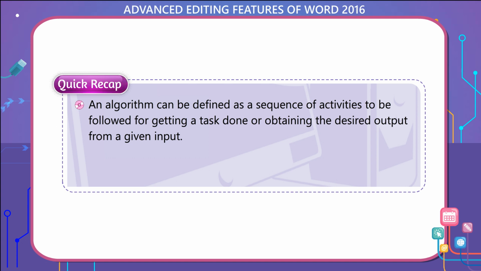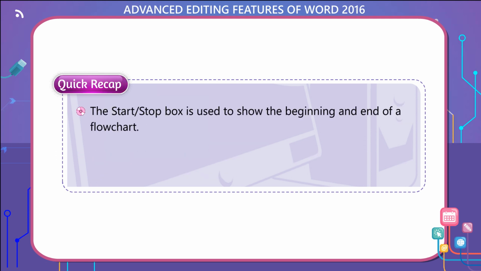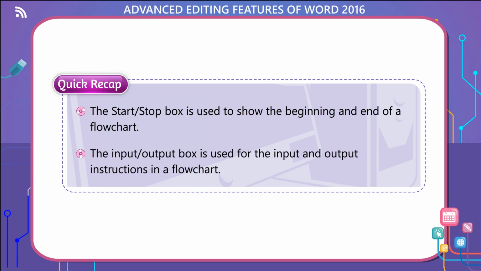Quick recap. An algorithm can be defined as a sequence of activities to be followed for getting a task done or obtaining the desired output from a given input. A flowchart is another problem-solving tool that represents an algorithm in pictorial form. The start-stop box is used to show the beginning and end of a flowchart. The input-output box is used for the input and output instructions in a flowchart.